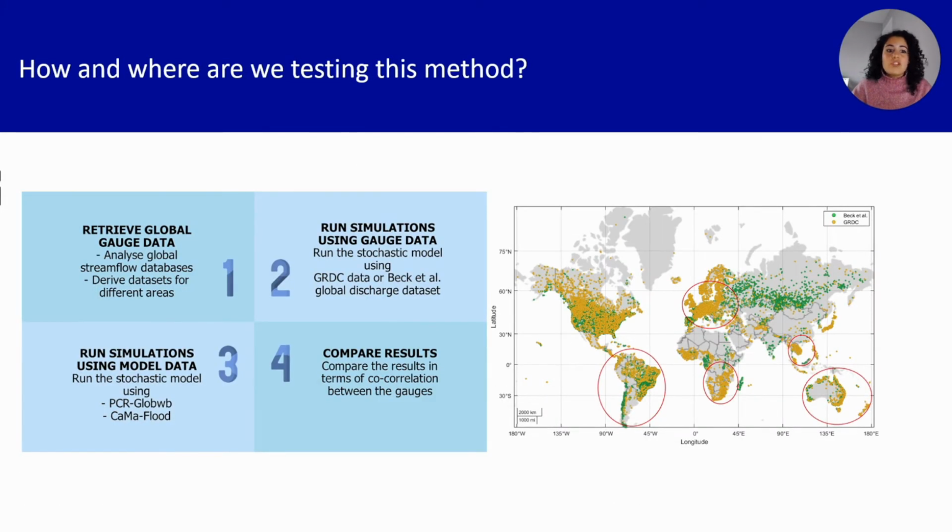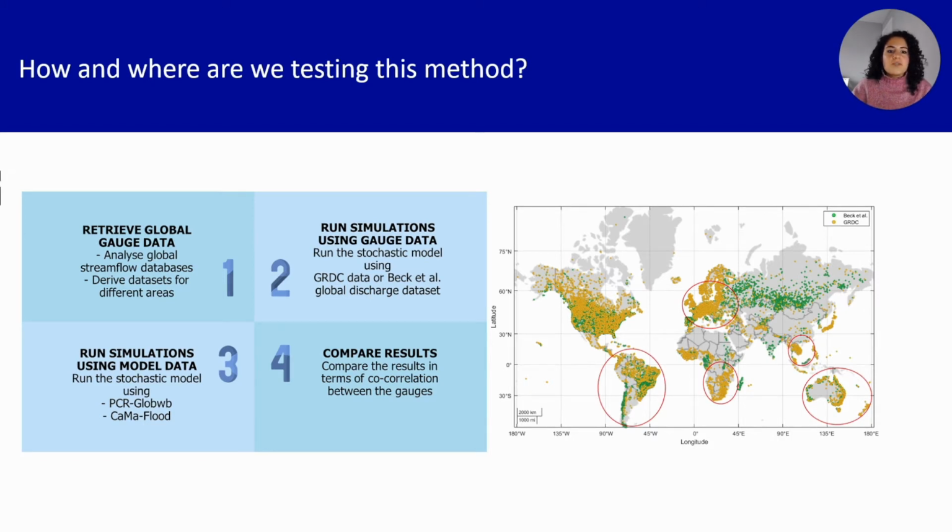To test this methodology, we first need to retrieve global gauge data, and in this case, we are using 2 global daily discharge datasets, and then identify which regions we want to analyze based on data availability. So the idea is to run the stochastic simulations with the historical data, then with the synthetic discharge from hydrological models, and then compare the results.